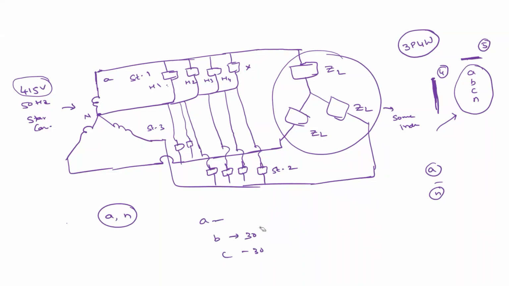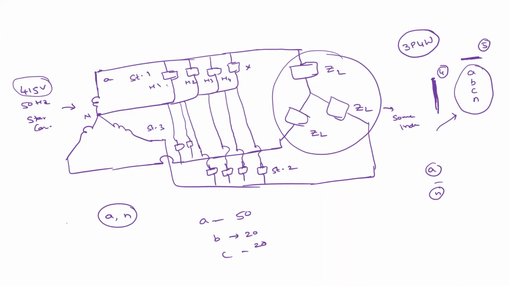If the loads are not properly distributed, for example, this goes 50 and this goes 20 and 20, what will happen? A phase is connected to 50 ohms and B phase 20 ohms. In which phase will the current be more?